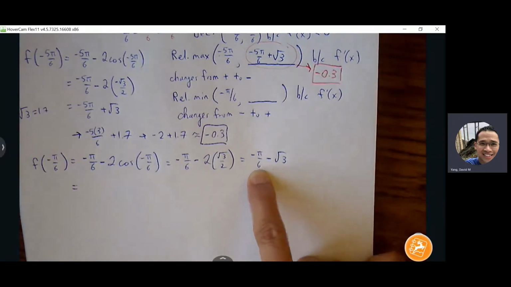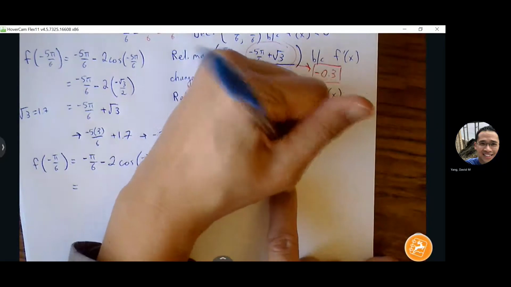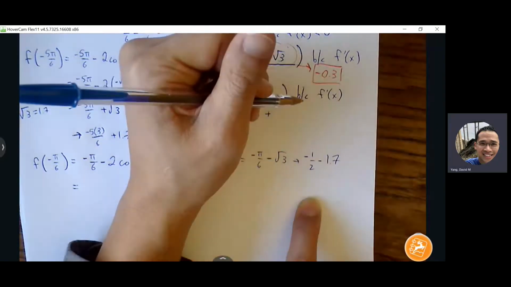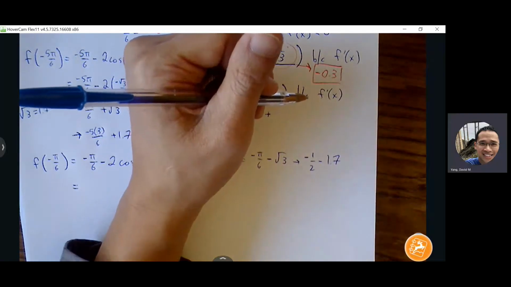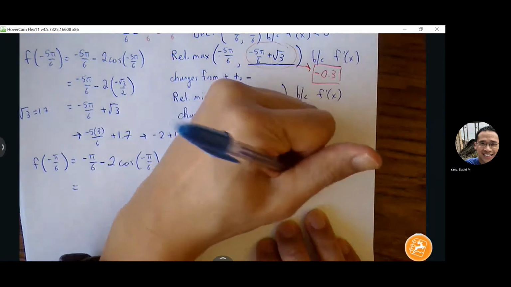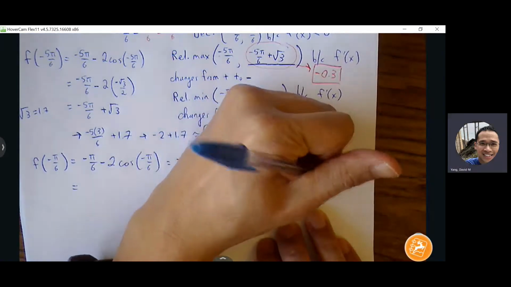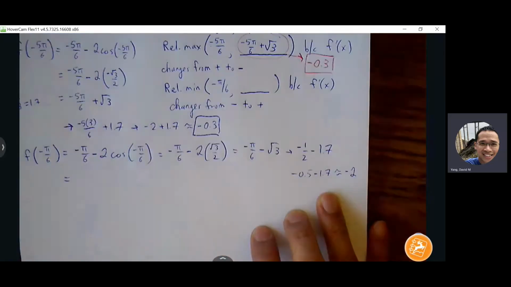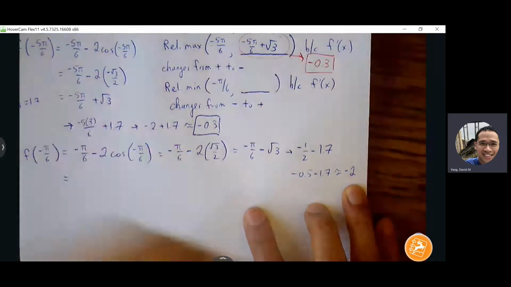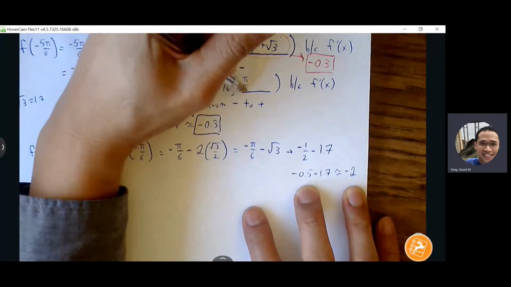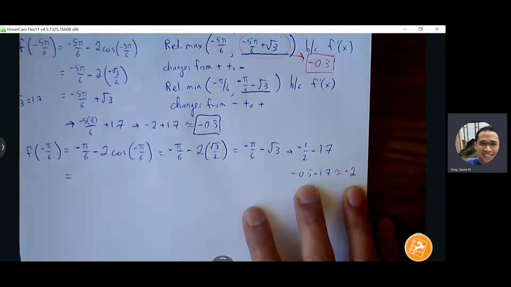So think of this as negative 3 over 6, so that's negative 1/2 minus 1.7. That's around negative 2.2 or negative 2. All right, all we want is just some idea where it lives for graphing purposes.